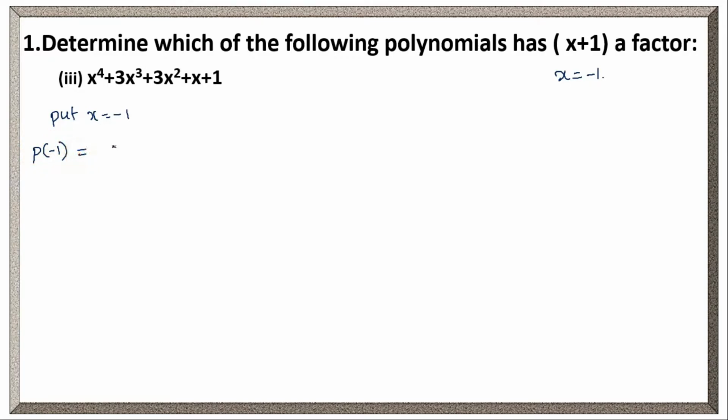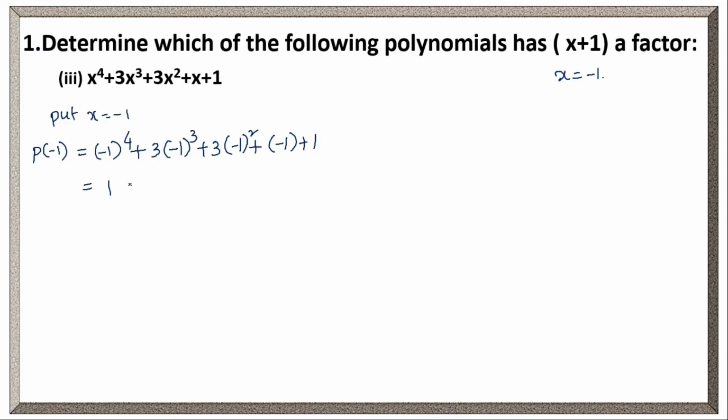So p of minus 1 equals minus 1 whole to the power of 4 plus 3 into minus 1 whole cube plus 3 into minus 1 whole square plus minus 1 plus 1. Clear? Now minus 1 whole to the power of an even number is 1, plus 3 into minus 1 whole to the power of an odd number is minus 1.